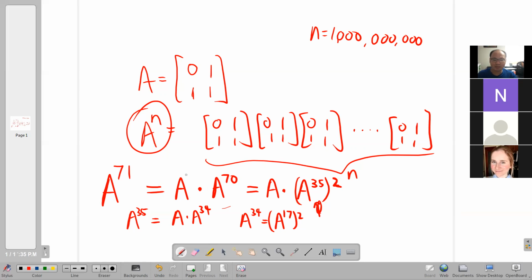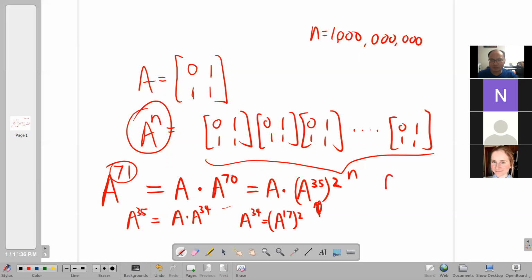If you see an odd number, you drop it by 1, which guarantees the remaining part is even, which you can then halve. So every 2 steps, you're guaranteed to drop the exponent by half, at least. The number of steps to get down to A to the 1 is basically log base 2 of 71 times 2.